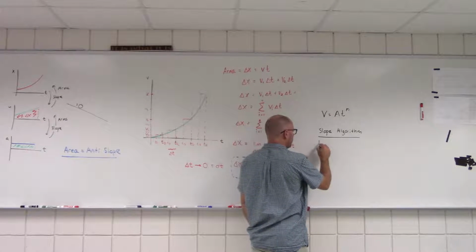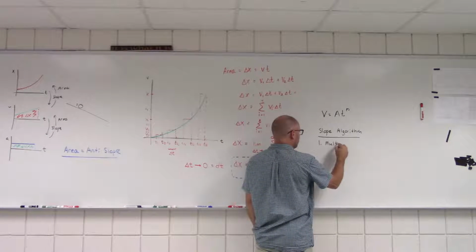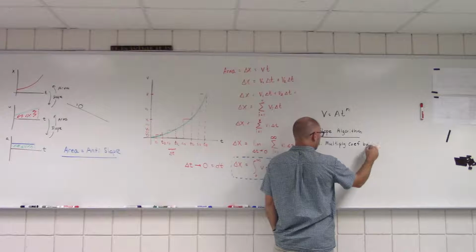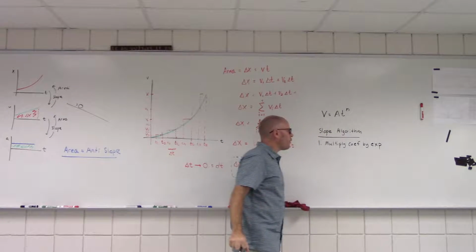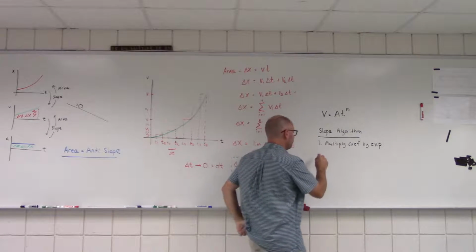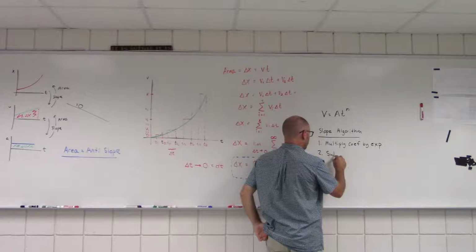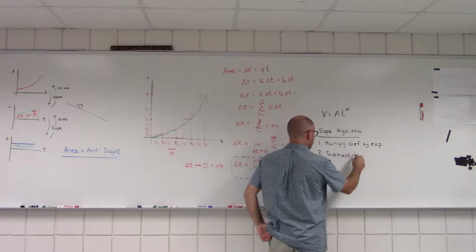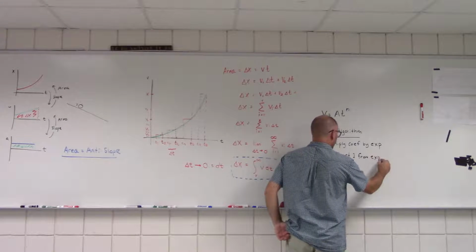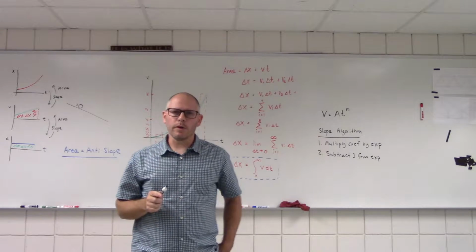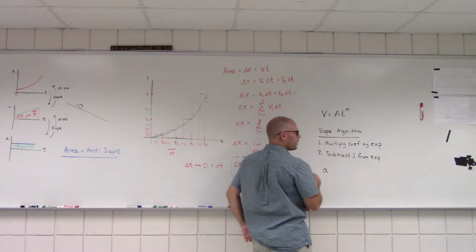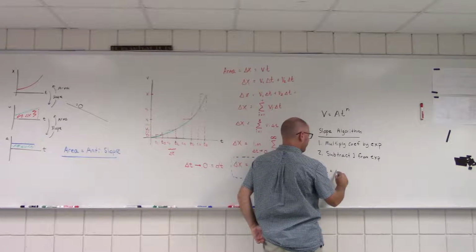Step number one was to multiply the coefficient by the exponent, and then subtract 1 from the exponent. No problem. If I apply these two, that means my acceleration function is equal to that. That's the algorithm.